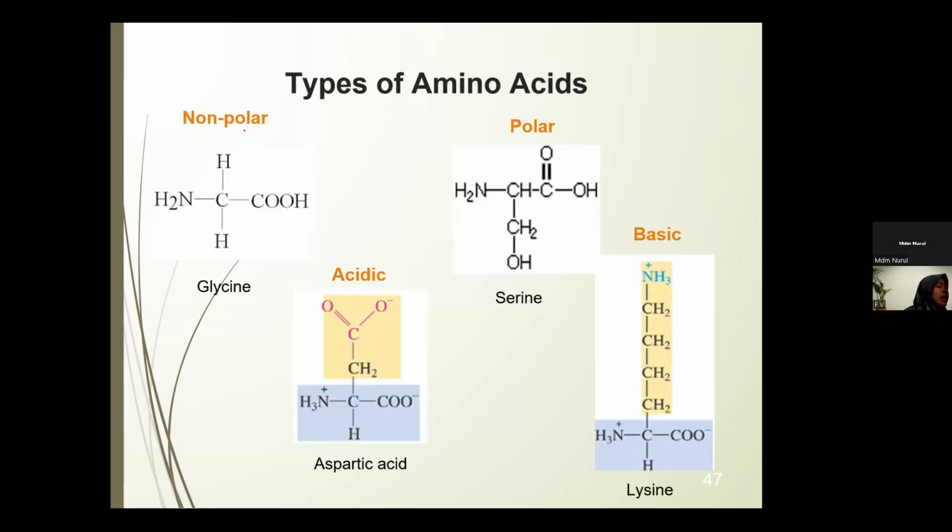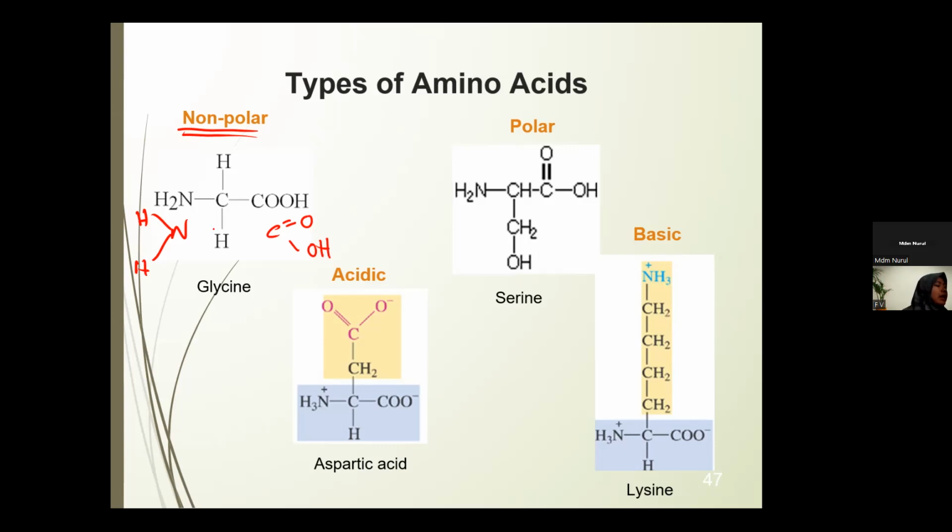So for non-polar amino acid, remember this is the carboxyl group, COOH ataupun C double bond O, yang ni OH. It can be either one, the way of writing, COOH or C double bond OH. And the left one is NH2. Kanan kiri takkan berubah, COOH and NH2.